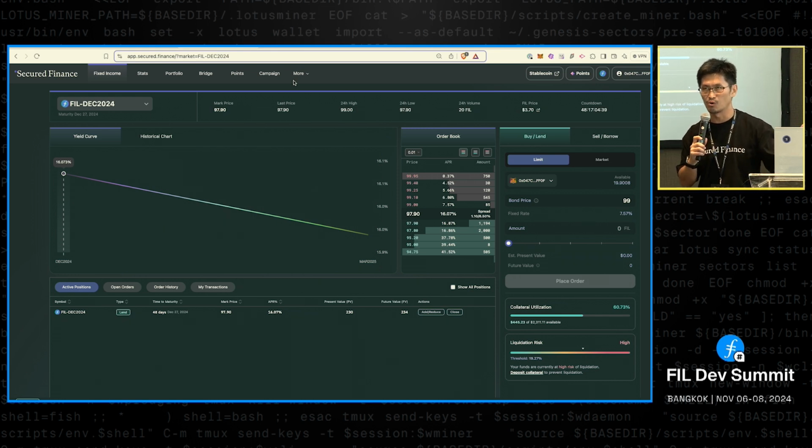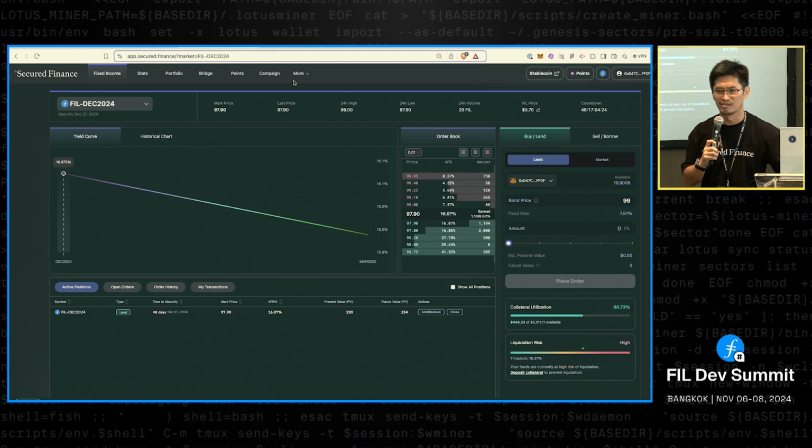You can borrow using those assets, get the cash, buy Filecoin again, put it into Glif, get iFIL, and come back as collateral to Loop and leverage.